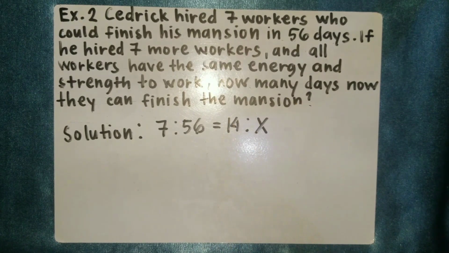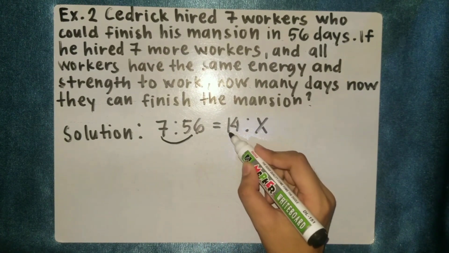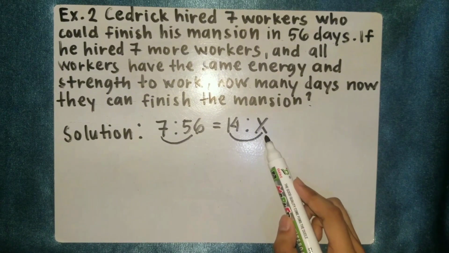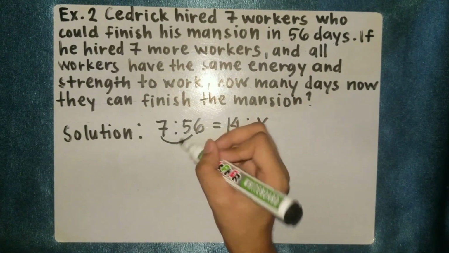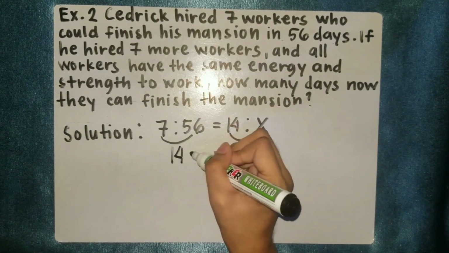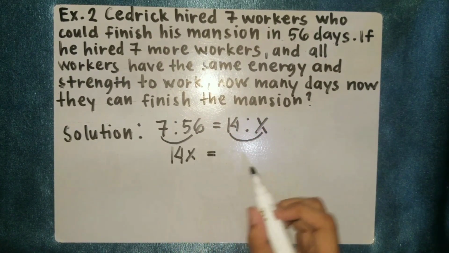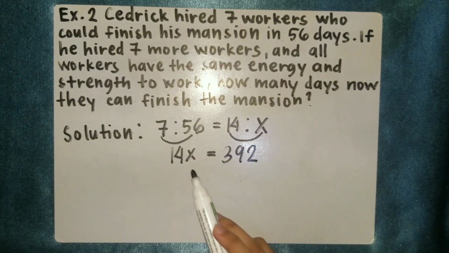Then now, we will multiply the extremes and means and extremes. Since ang x variable natin ay nasa second ratio, ang second ratio ang ating unang ipagmumultiply. 14 times x equal 14x. 7 times 56 equal 392. Then next, we will solve for x.